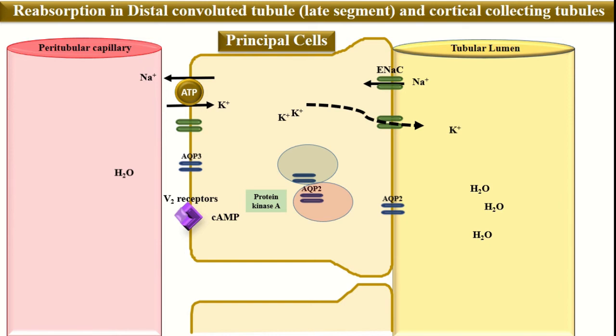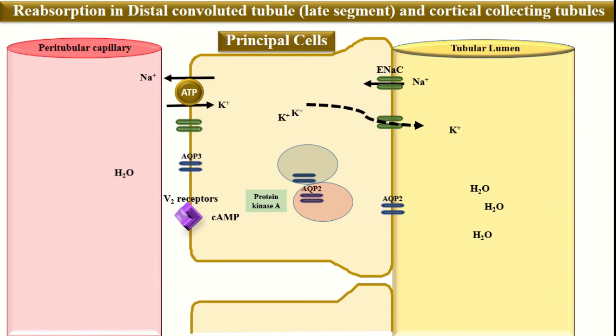So increased reabsorption of water will lead to a decrease in osmolarity of the plasma. The concentration of sodium is going to decrease. So remember, abnormal increased levels of antidiuretic hormone, more reabsorption of water, plasma osmolarity is going to fall because of decreased concentration of sodium.